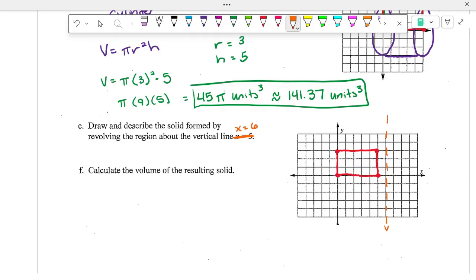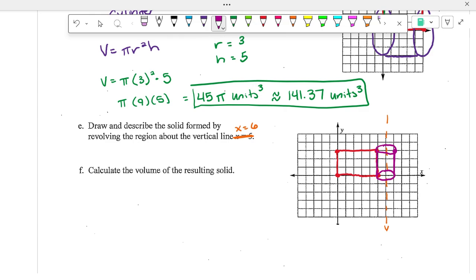What's going to happen is that you're going to create a cylinder inside of a cylinder. All right? So, in other words, it's going to look like a cylinder with a hole in it. So the baby cylinder is going to be right here. This is the baby cylinder.